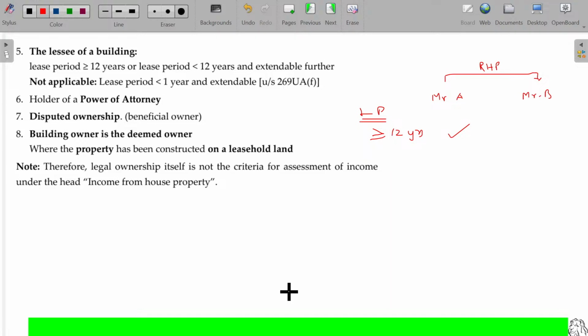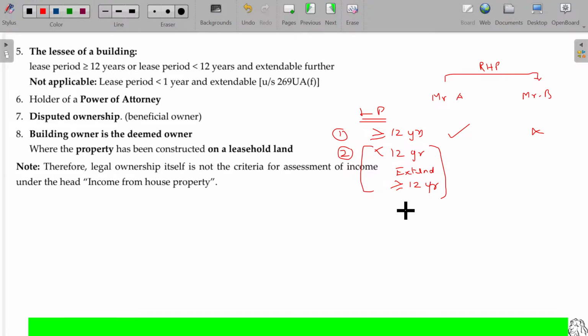If I am the lessee, having a validity of lease period of more than 12 years, the lessee being the deemed owner. Now, if this is less than 12 years but extendable beyond 12 years.